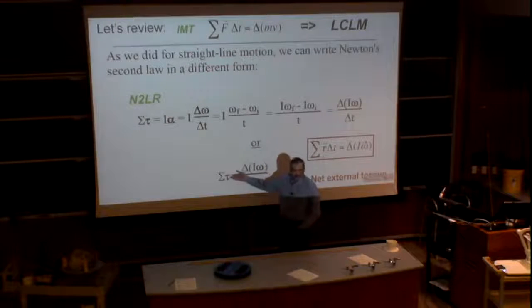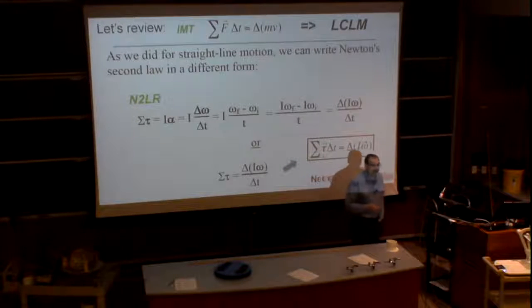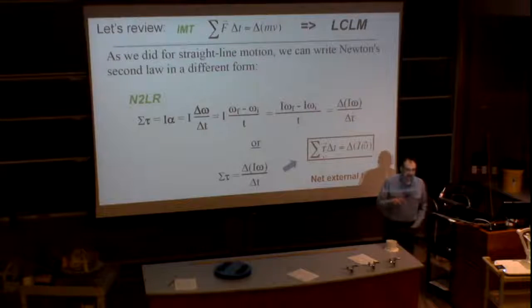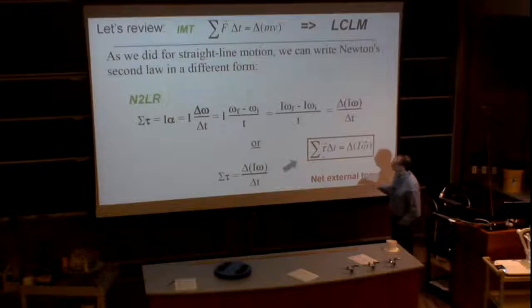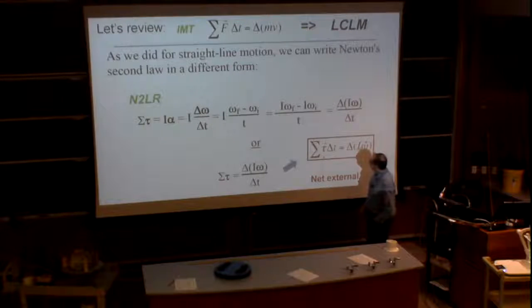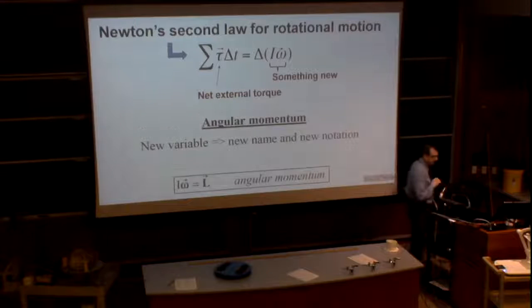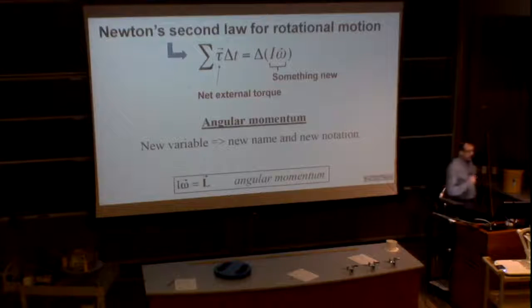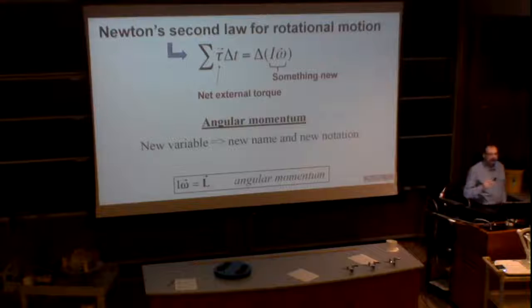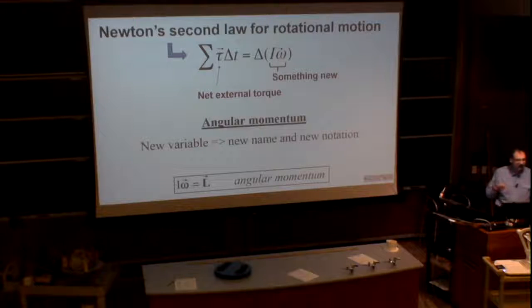Yes. We can use the same type of reasoning to rewrite Newton's second law for rotation. So that's the net torque, but instead of using angular acceleration, we can switch to velocities over time, and that gives a new kind of variable which is equal to a product of rotational inertia of an object and its angular velocity. m times v, mass times velocity, we used to call it linear momentum.